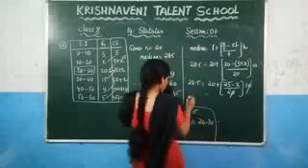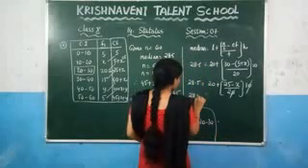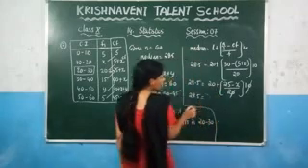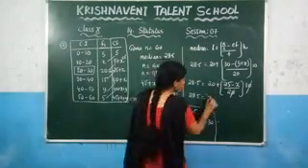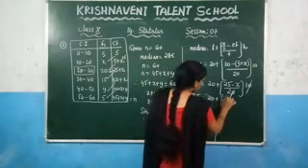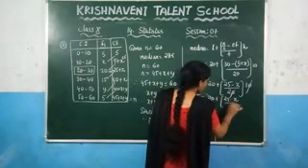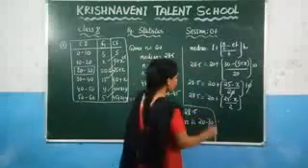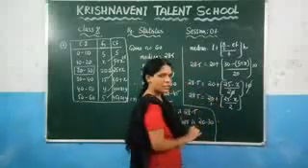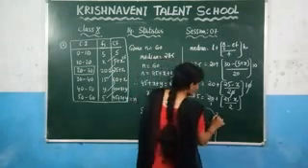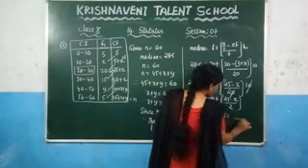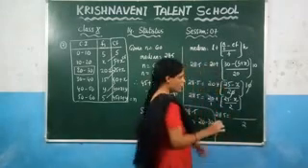So 28.5 is equal to what is left: 20 plus (25 minus x) by 2. Here you can take the LCM of these two values. You can write 20 as 20 by 1. So 28.5 is equal to, and the LCM of 1 and 2 is 2.